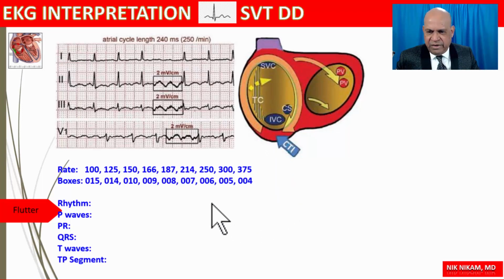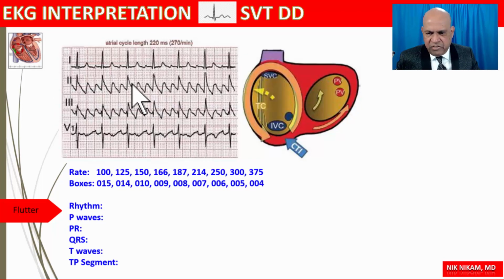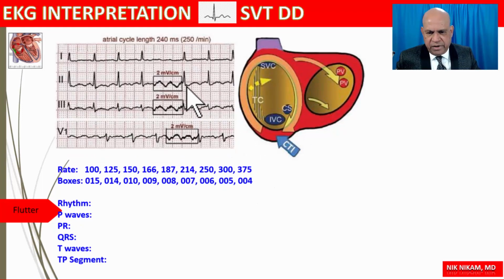And again, we see these flutter waves, which are clearly visible. And of course, if you see classic, let me go back. If you see these classical undulations, that is type A or the typical atrial flutter. If you see these less prominent waves and more positive deflection, then you are talking about type B atrial flutter.